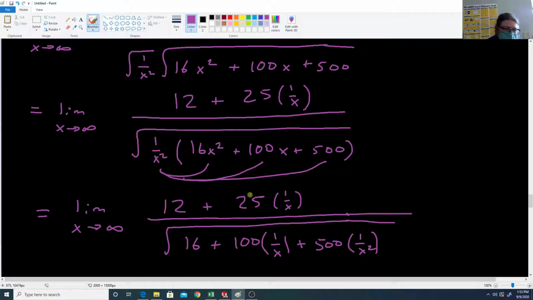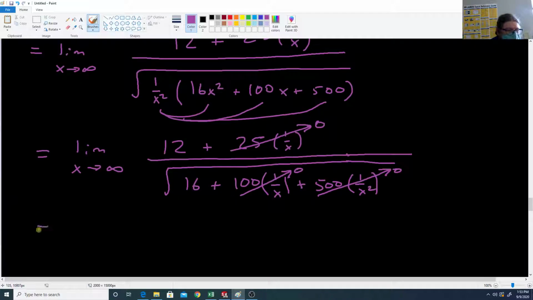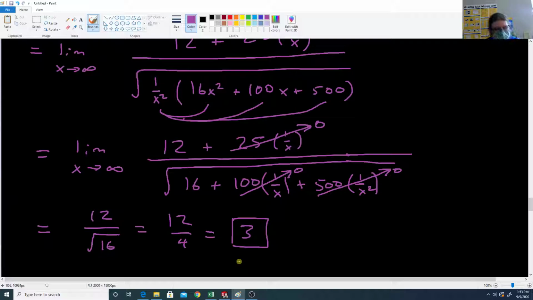As x goes to infinity, any of these 1 over x or 1 over x squared terms go to 0. So we are left with 12 over the square root of 16, which is 12 over 4, and 12 divided by 4 is 3. So we should end up with 3 for that, and that should agree with what the book says.